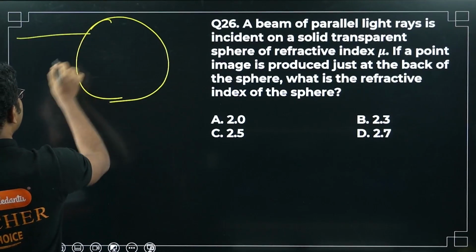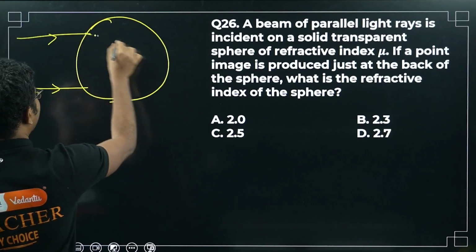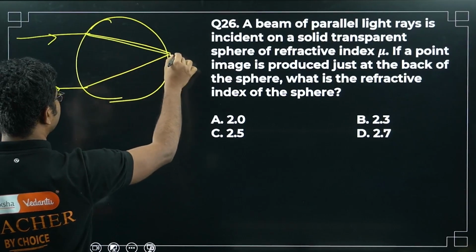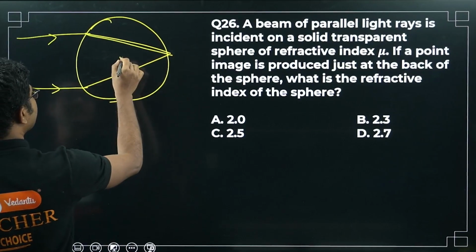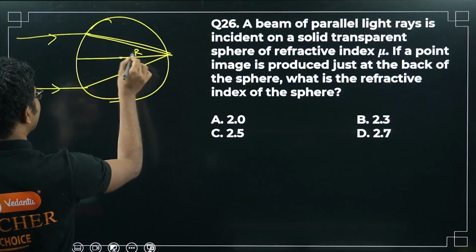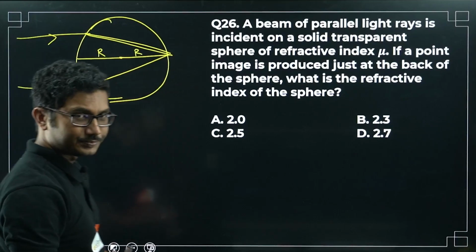Parallel rays are falling on the object, and after refraction they are forming an image here. Suppose this is the radius. Then what is the total distance? Total distance is r plus r, that is 2r.